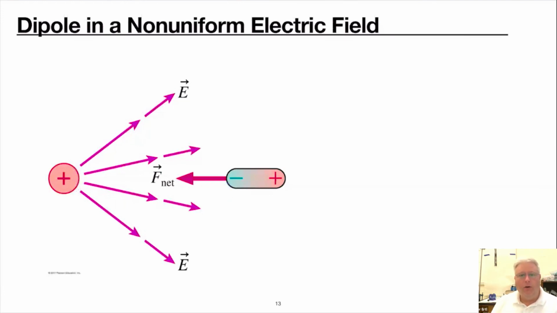So the dipole experiences a net force toward the point charge. For any non-uniform field, the net force on a dipole is always in the direction of the strongest field. The electric field of a charged object gets stronger the closer it gets, so we get this net force toward it, which means it's going to accelerate toward it.